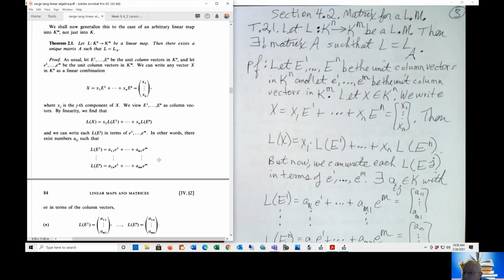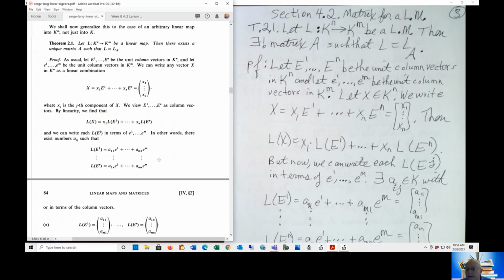Let capital E superscript 1 through capital E superscript n be the unit column vectors in Kn, and let lowercase e superscript 1 through lowercase e superscript m be the unit column vectors in Km. So since we have rows and columns, we have to have different notations for the unit vectors in Kn and the unit vectors in Km.